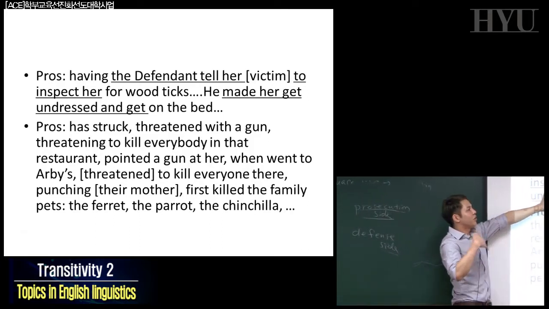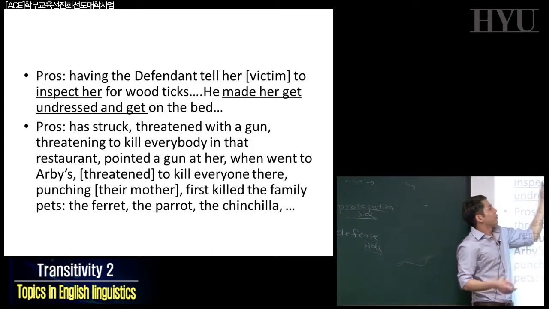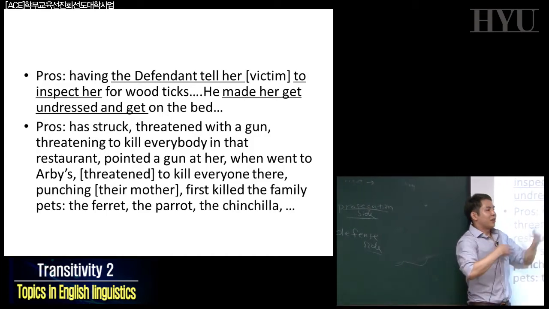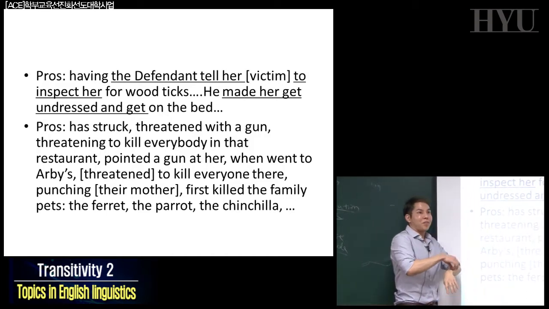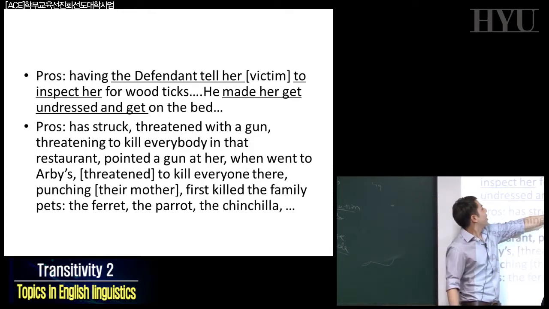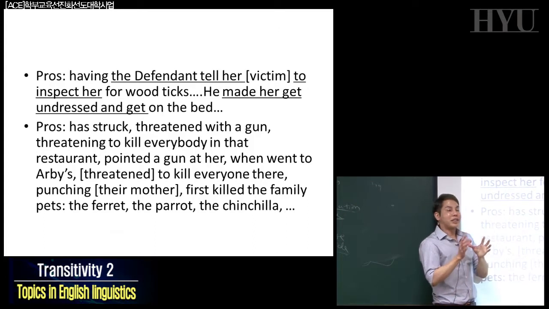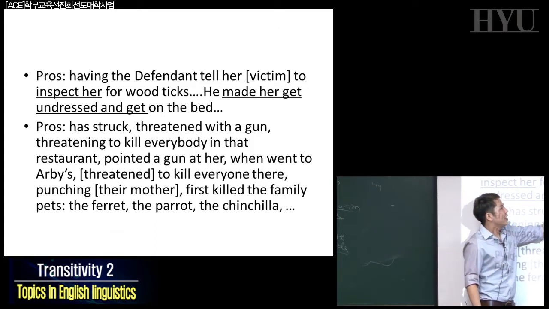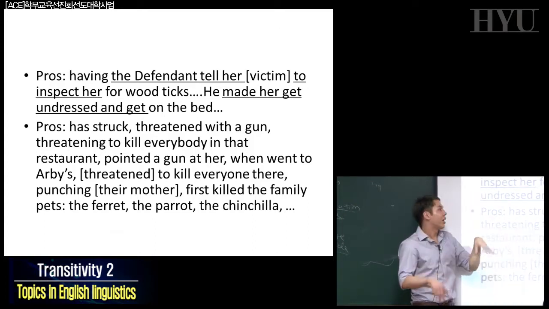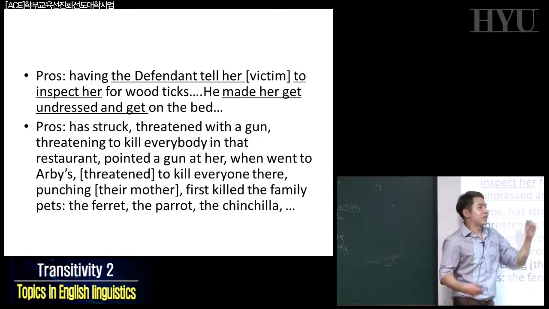So the man asked to inspect the girl's body for wood ticks that might be biting her, right? He made her get undressed and get onto the bed. So you can see a lot of material processes here. Inspect for wood ticks. He made her, causative made, right? Undress and get on the bed and so on.